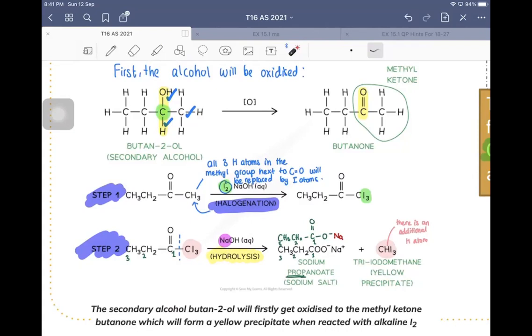Okay, not I2, even though iodine is I2, but 3 iodine atoms will be substituted into that molecule. Okay, and then the next part, step 2, is the hydrolysis, where you break the bond to release triiodomethane, which is your CHI3.